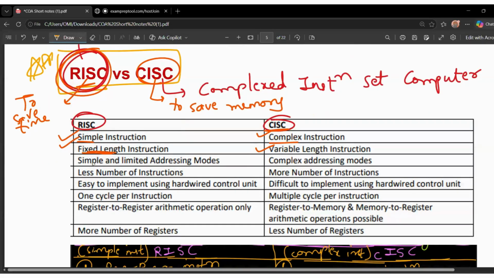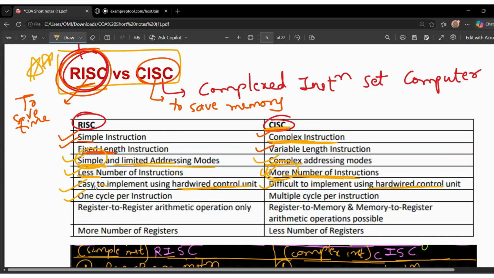Now see here, simple and limited addressing modes, simple instructions. But here we have complex addressing modes. Here fewer instructions, there more instructions, because complex instructions have to be stored. It is easy to implement using a hardwired control unit in RISC because it is simple, but difficult in CISC.